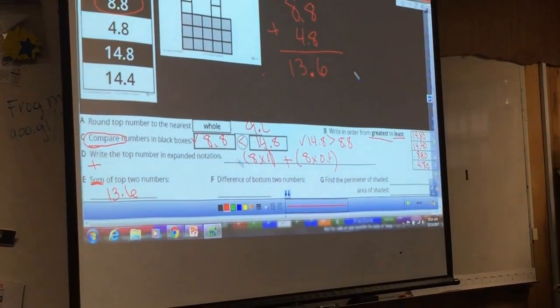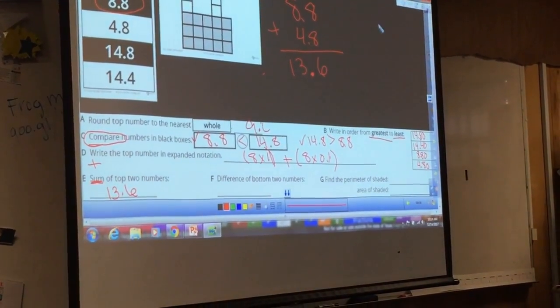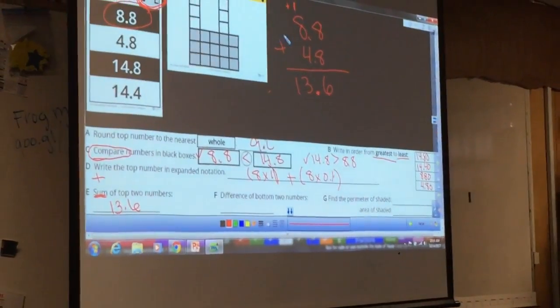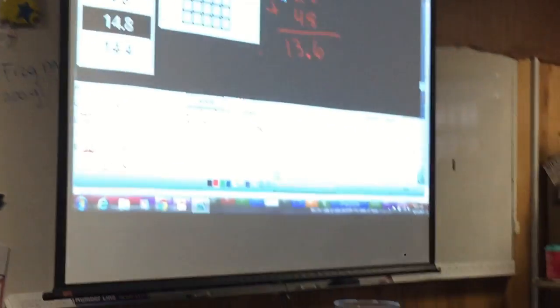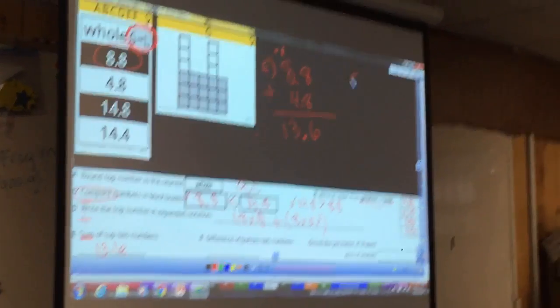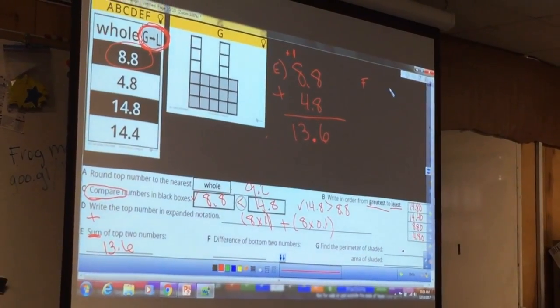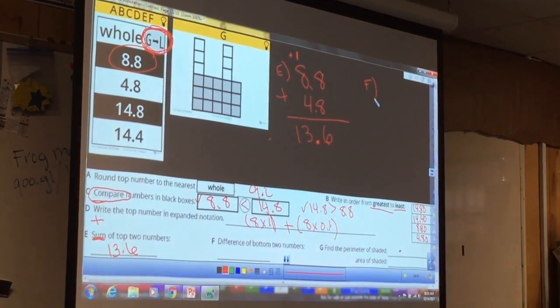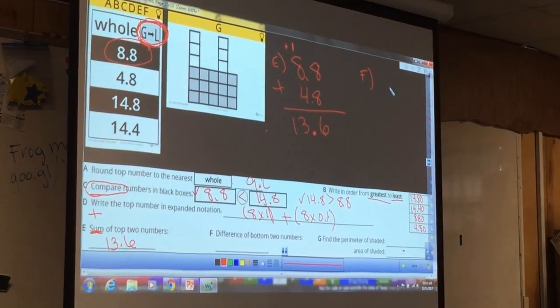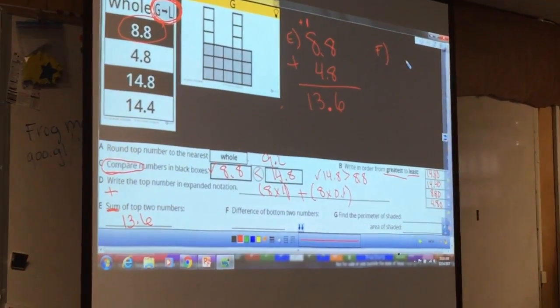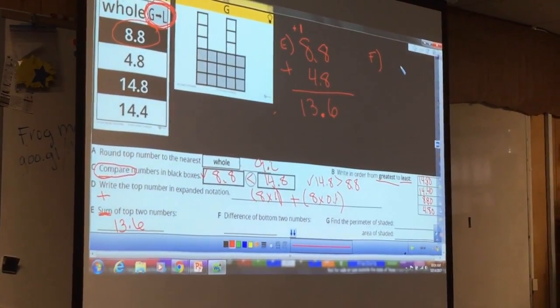Okay, Isaac, read me F. Difference of the bottom two numbers. Okay, and let's see, Frank. Actually, Will, tell me what difference means. Subtract. Means to subtract. Frank, what is the actual definition of difference?